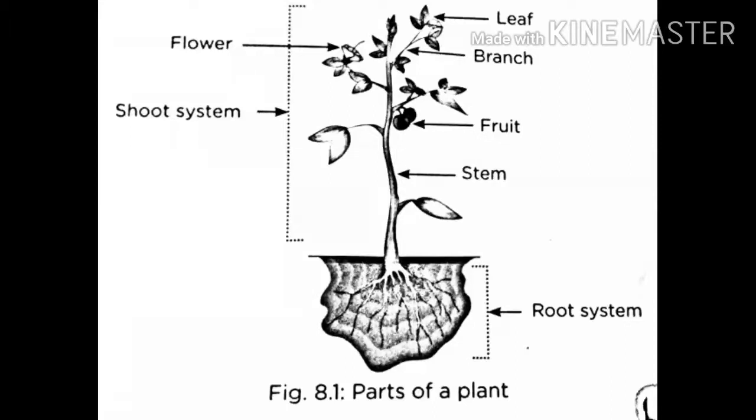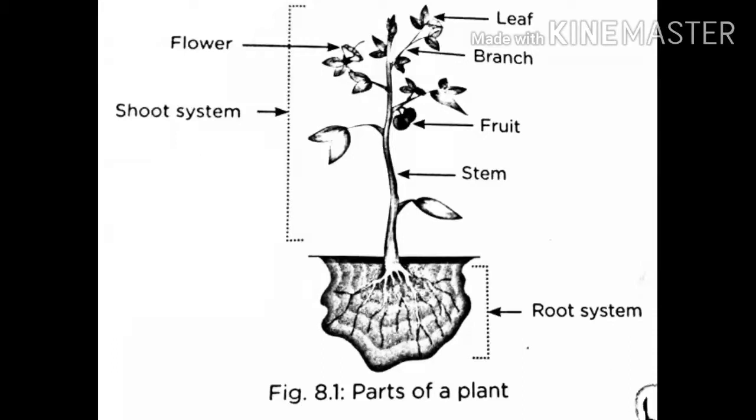The parts of the plant found below the ground are called the root system. And then the shoot system: the parts that are above the ground are called the shoot system.